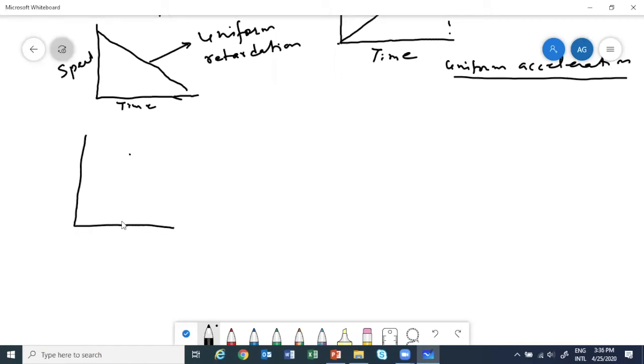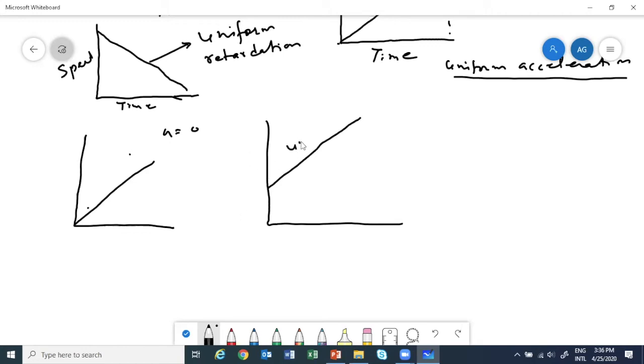Now the speed graph when the initial speed of the body is not zero. Now if we say that the initial velocity, the initial speed, is zero, but in some cases this is the speed. So this is called uniform acceleration, and this is speed and time, but here u is not zero. Okay, clear?